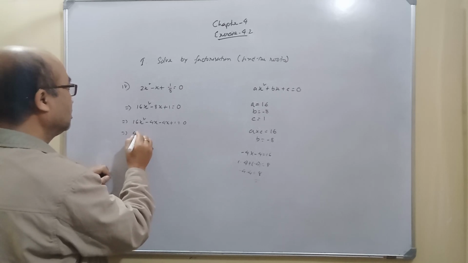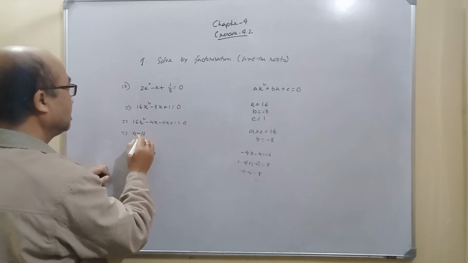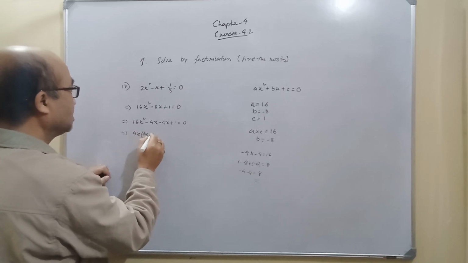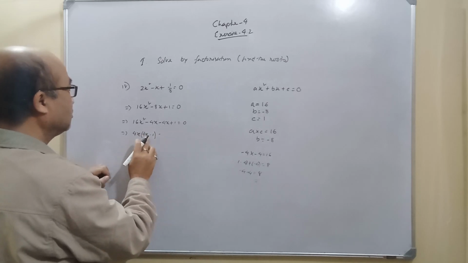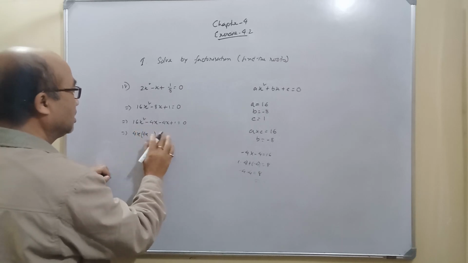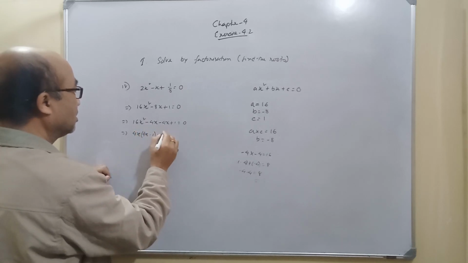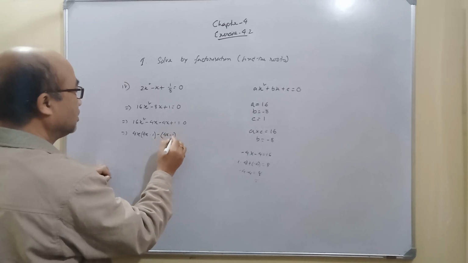Taking 4x common, it is 4x into 4x minus 1. 4x into 4x, 16x square, 4x into minus 1, minus 4x. Then minus 1 into 4x minus 1.